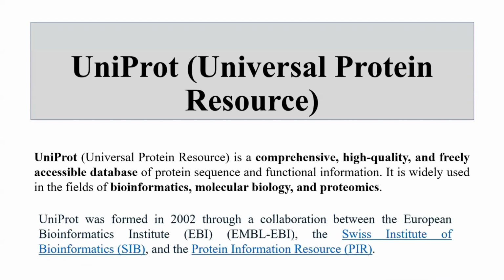UniProt was formed in 2002 through a collaboration of three leading bioinformatics institutes: the European Bioinformatics Institute, that is EBI or EMBL-EBI, the Swiss Institute of Bioinformatics, that is SIB, and the Protein Information Resource, that is PIR.